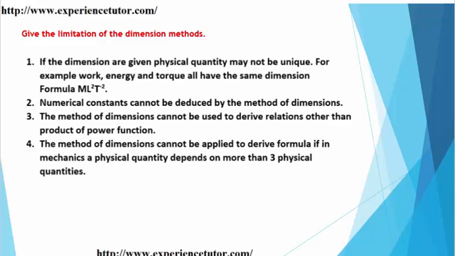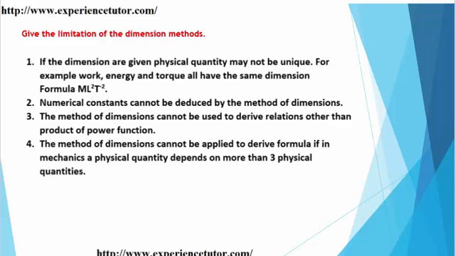Give the limitations of the dimension method. First, if the dimensions are given, the physical quantity may not be unique. For example, work, energy, and torque all have the same dimensions, but all are physically different. Second, numerical constants cannot be deduced by the method of dimension.